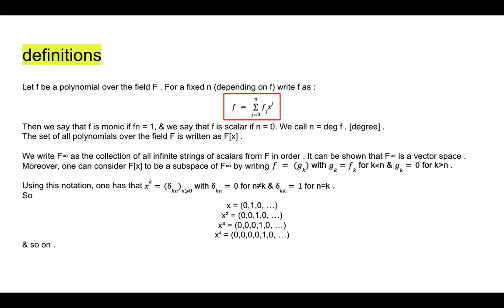In this way, we are able to write every single power of x as an element of F infinity. Those are infinite tuples of scalars in a given order.